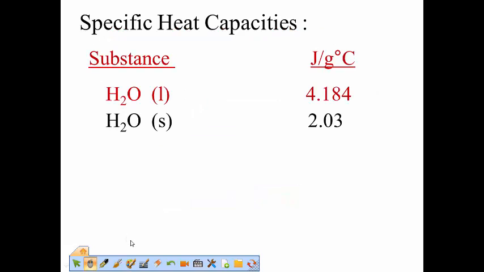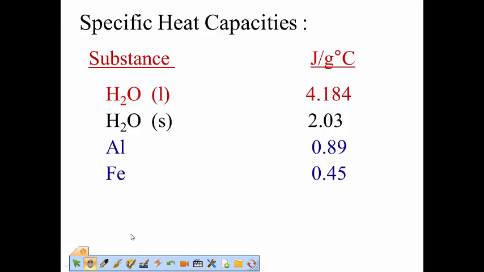So even with water in the liquid state versus the solid state, liquid water can absorb 4.184 joules for every gram before it changes by 1 degree Celsius, but ice can only absorb 2.03 joules for every gram before its temperature changes.